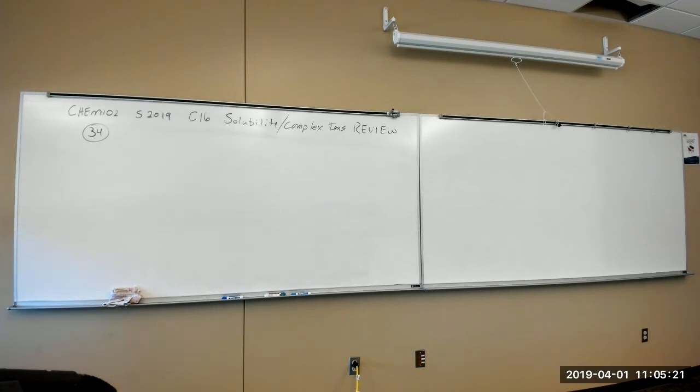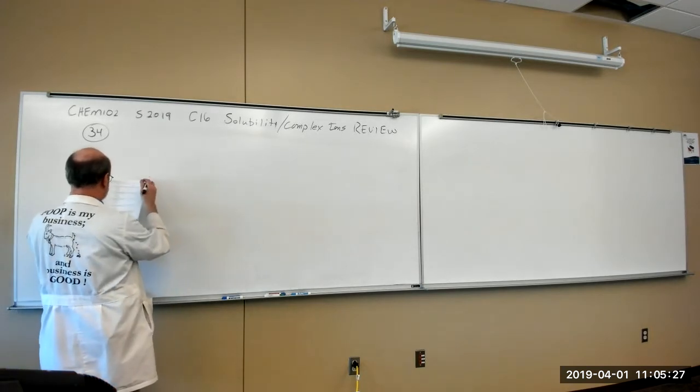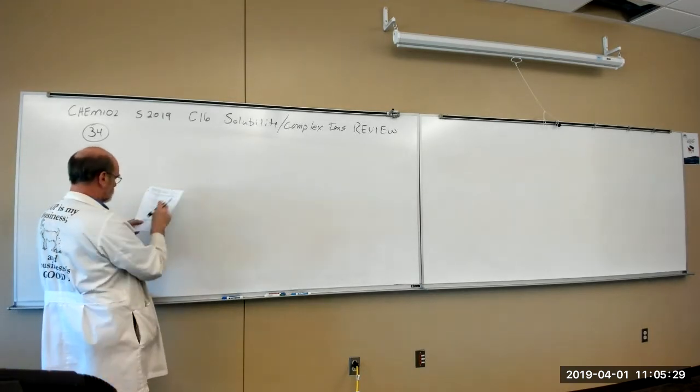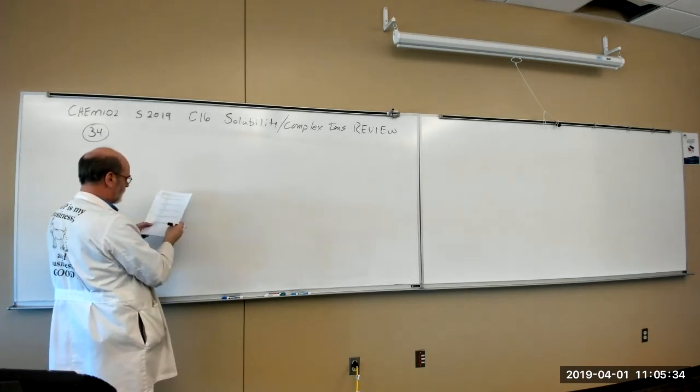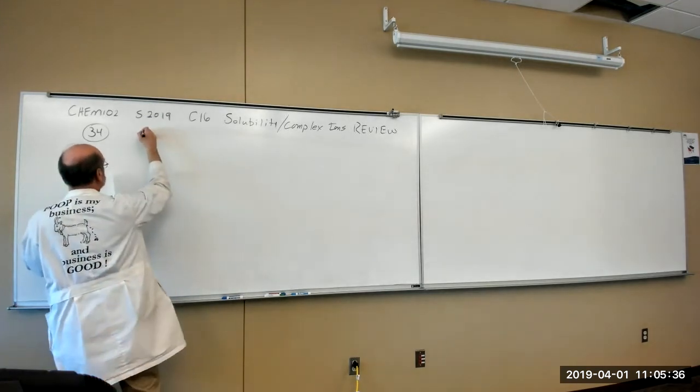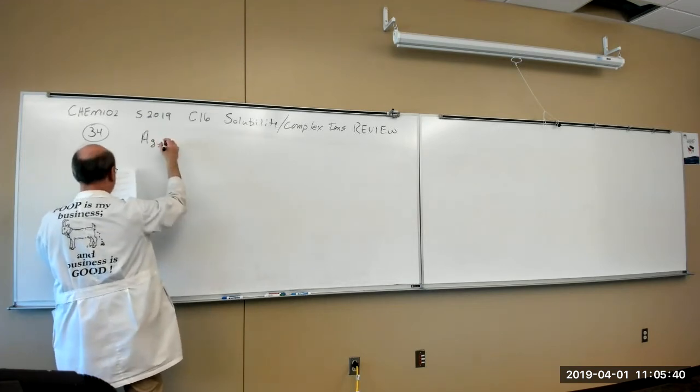So we need the balanced equation. If we're going to calculate the final concentration of silver, then we need the solubility of silver chromate.